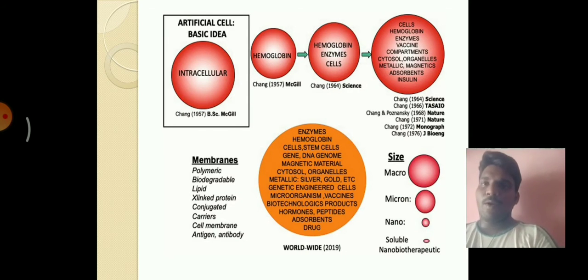The basic principle of these artificial cells is that they are made up of an ultra thin membrane, which is a biodegradable material or a polymer or any other substance. These cells contain intracellular and extracellular portions. In the intracellular portion we encapsulate hemoglobin, enzymes, cells and many other components.